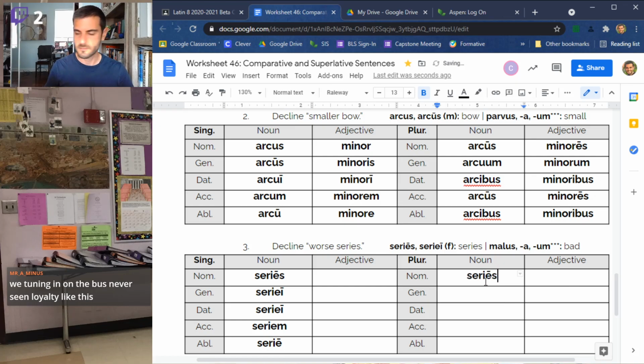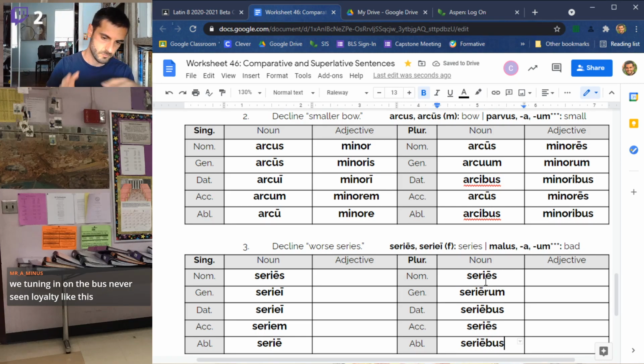Plural of series is series. One series, many series. Serierum is kind of like orum, arum, arum. Seriebus. A lot of people are messing this up. They're doing serie and then ibus, right? It's seriebus, just the E. Series and seriebus, not seriibus, just seriebus.